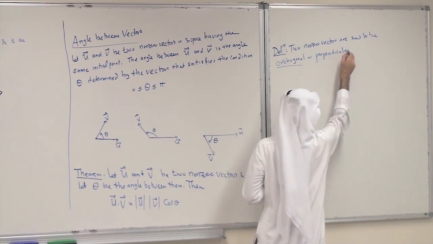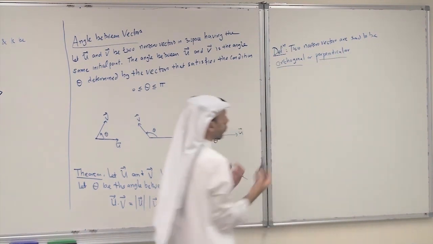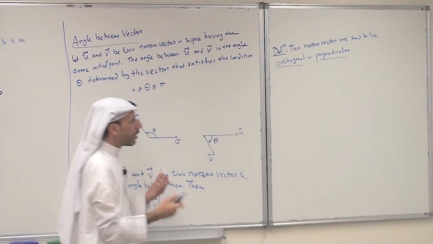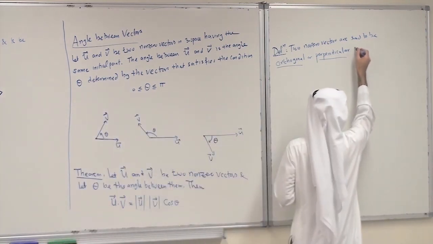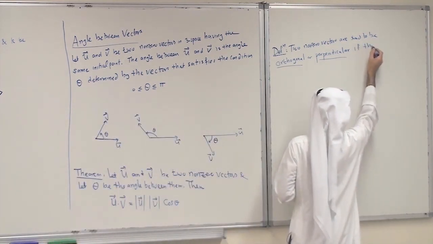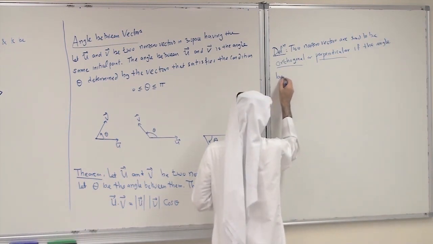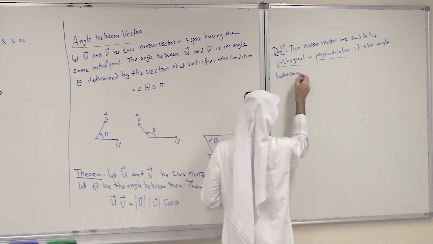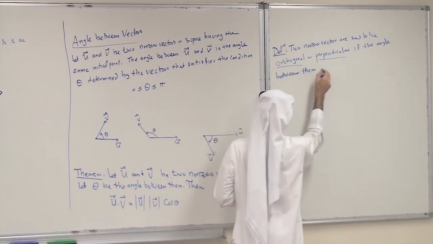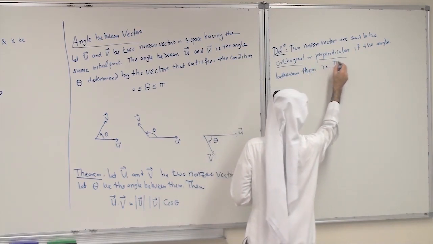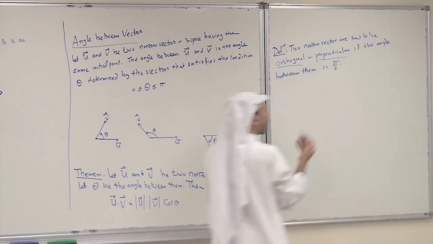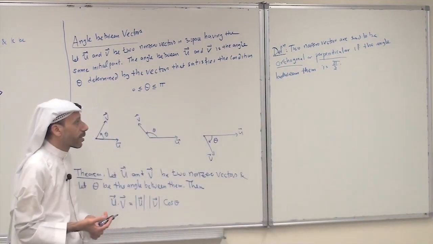We use these two terms, orthogonal or perpendicular, if the angle between them is pi over 2 or 90 degrees.